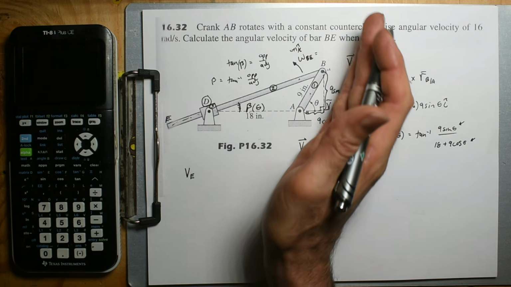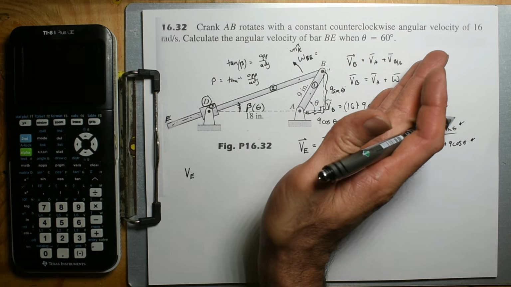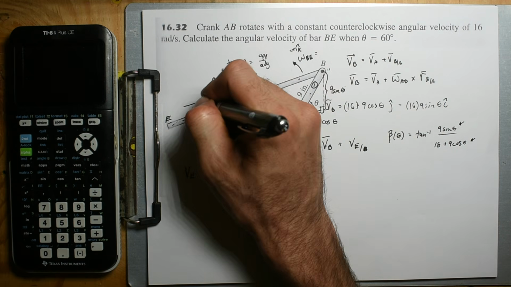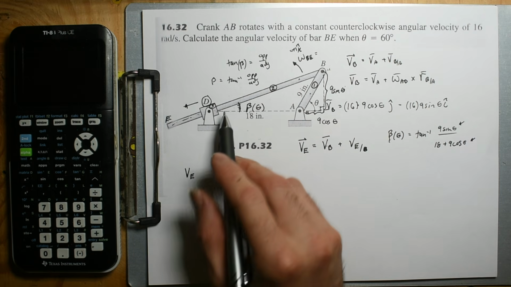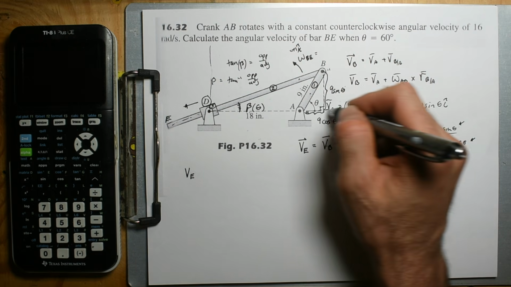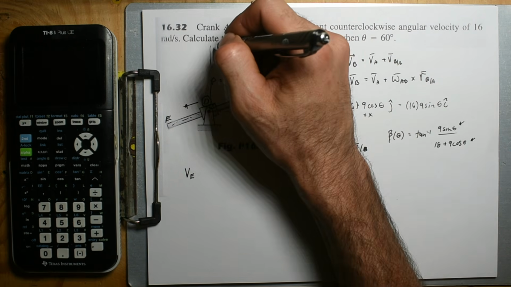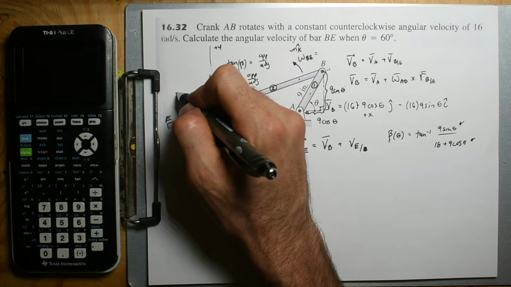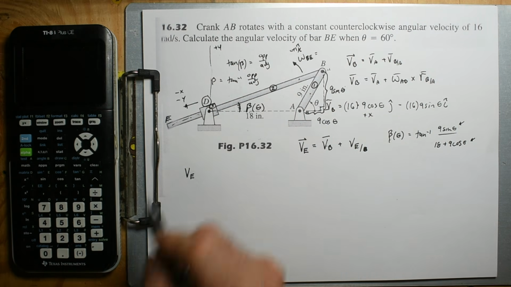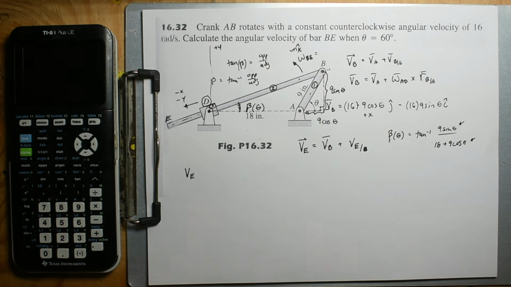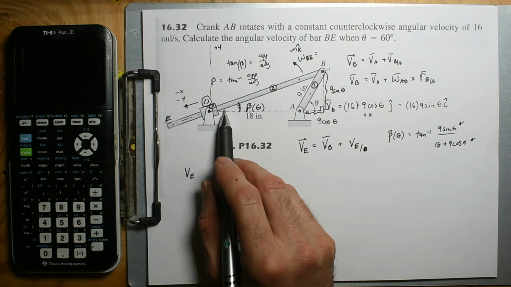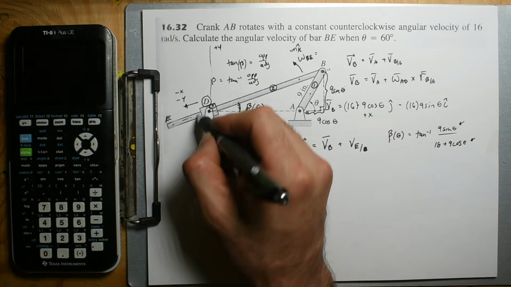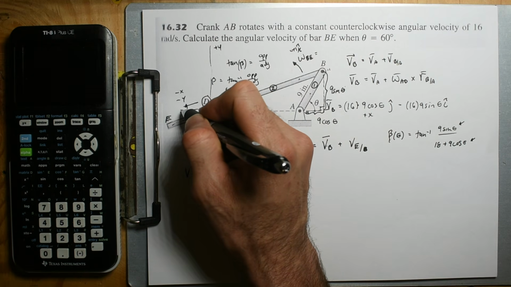It's interesting: if this is going this way, it's going to have that velocity in that direction. If I'm setting this to be positive x and positive y, it's going to be negative x and negative y, in this direction. That's where sines and cosines come in.